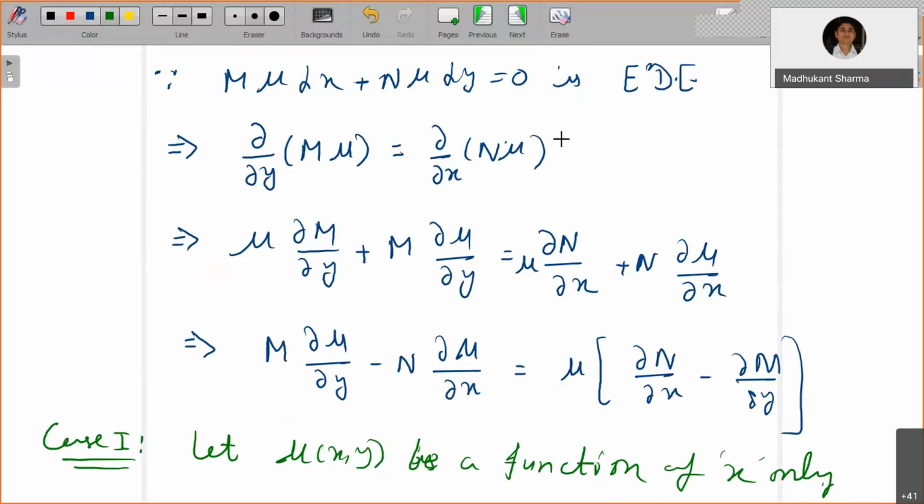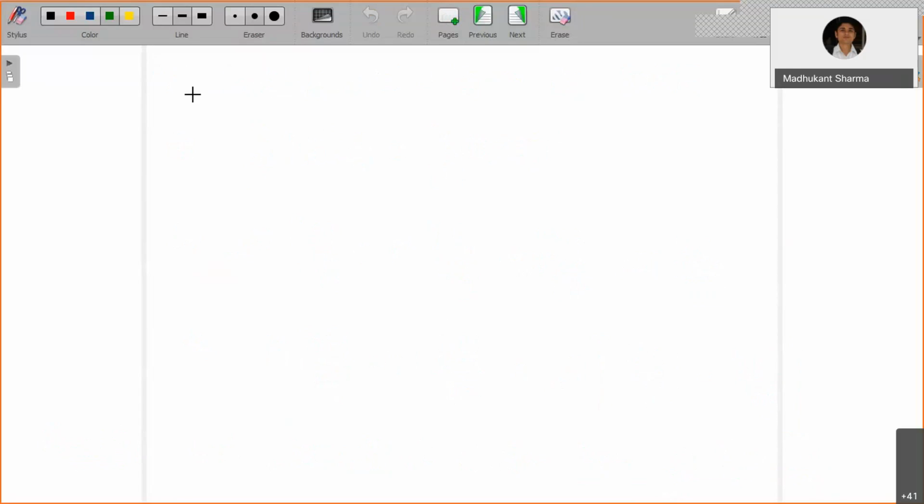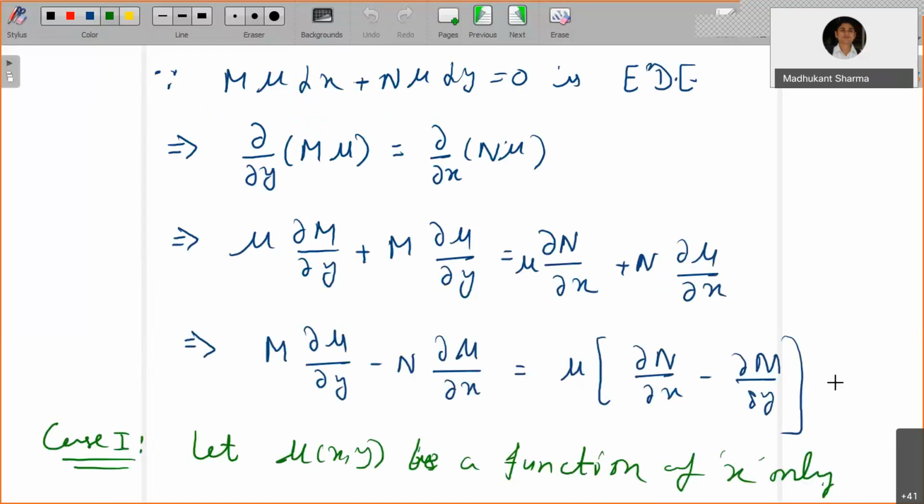Then what will happen in that case? A function of x only means it's not a function of y, since y is not explicitly there, so dou mu by dou y is 0. Let me call this equation double star. When dou mu by dou y is 0, that term vanishes in the double star, and we are left with the remaining term and the right side.